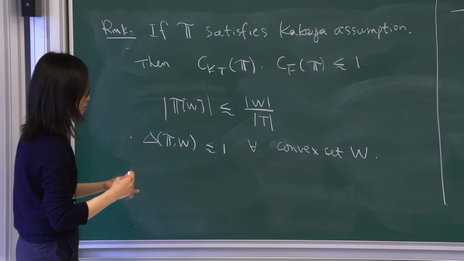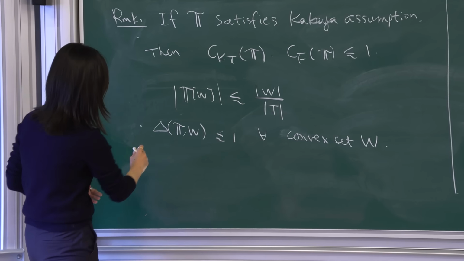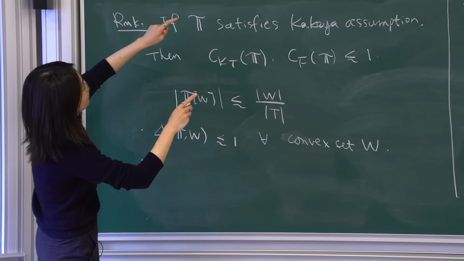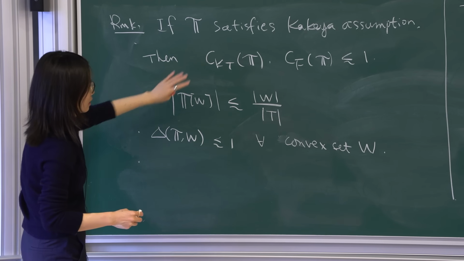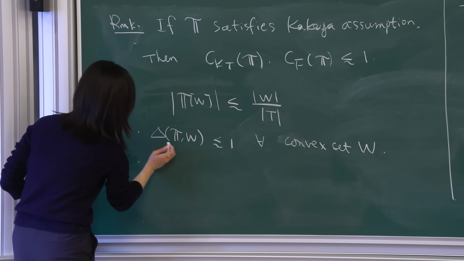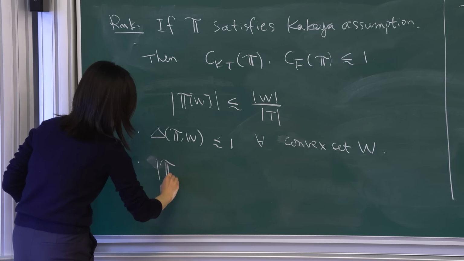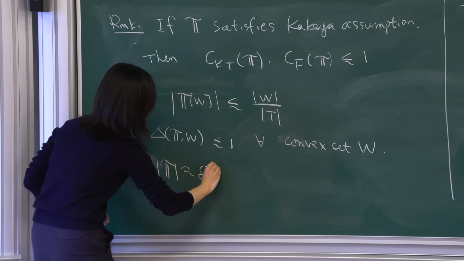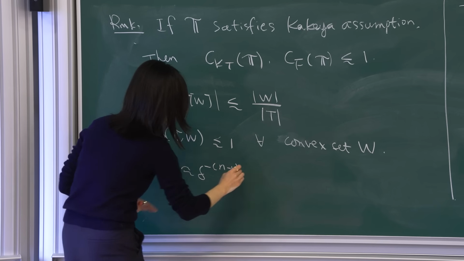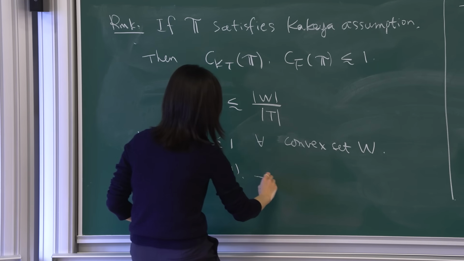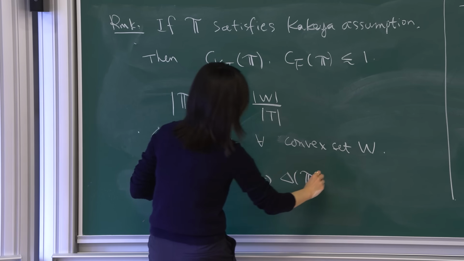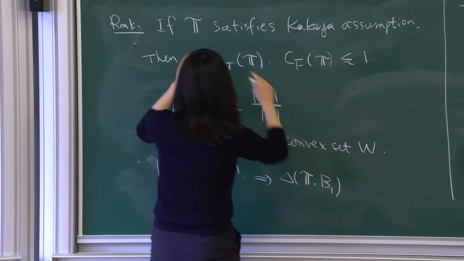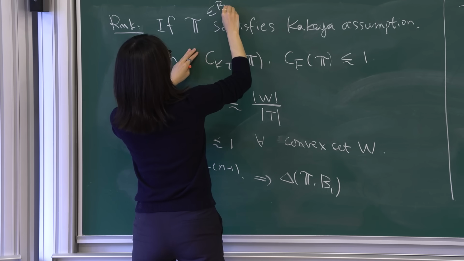Also, a set of tubes satisfying the Kakeya assumption has roughly delta to the minus (n minus 1) tubes.